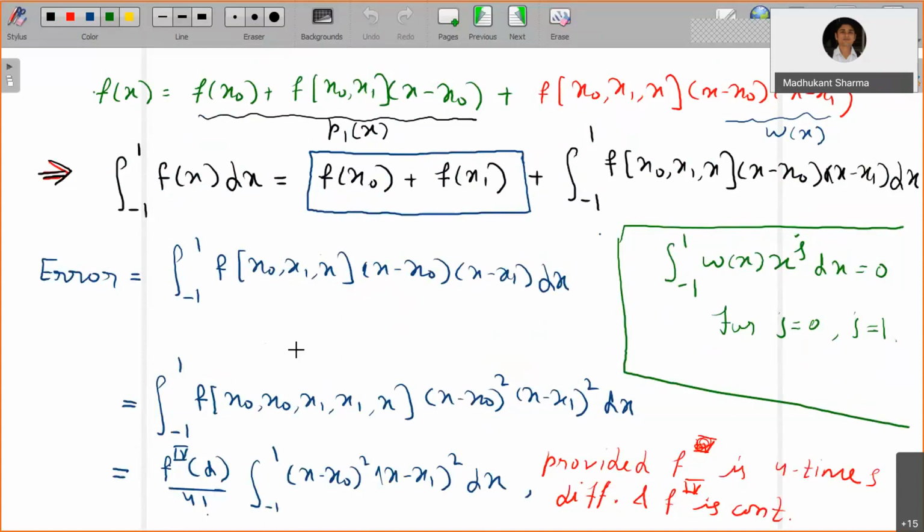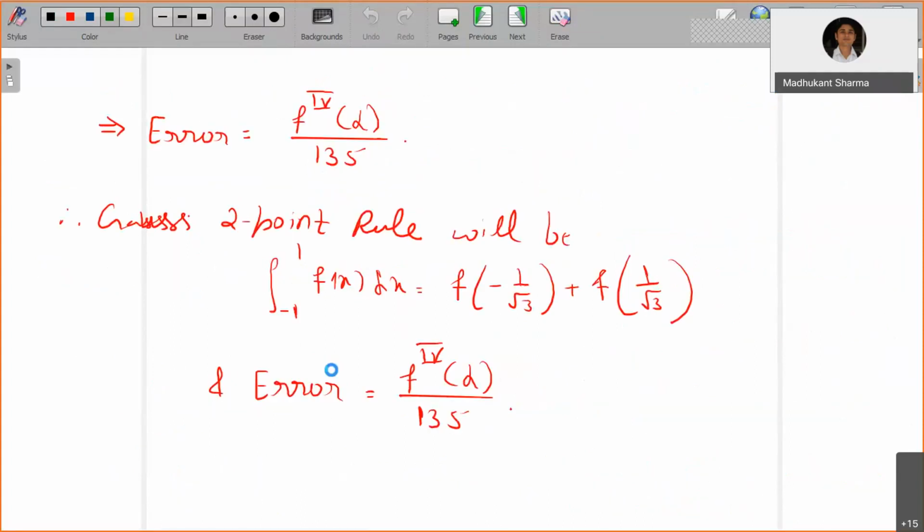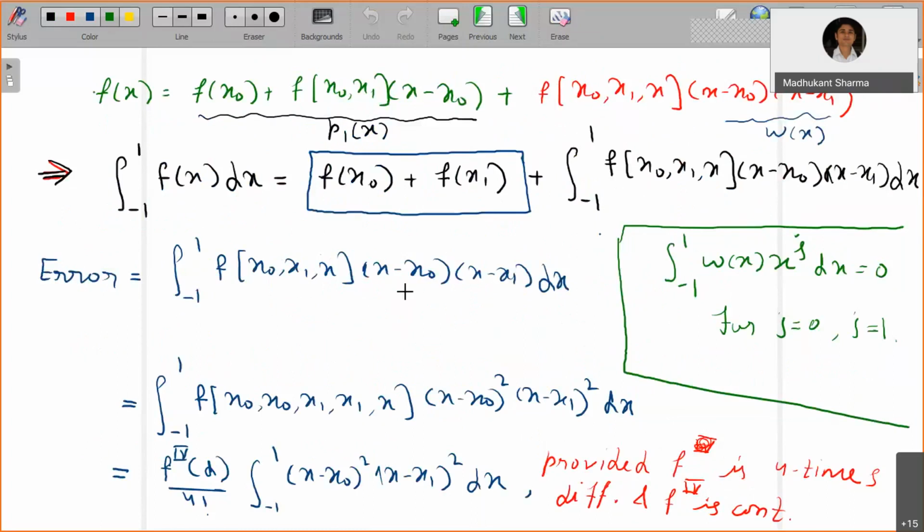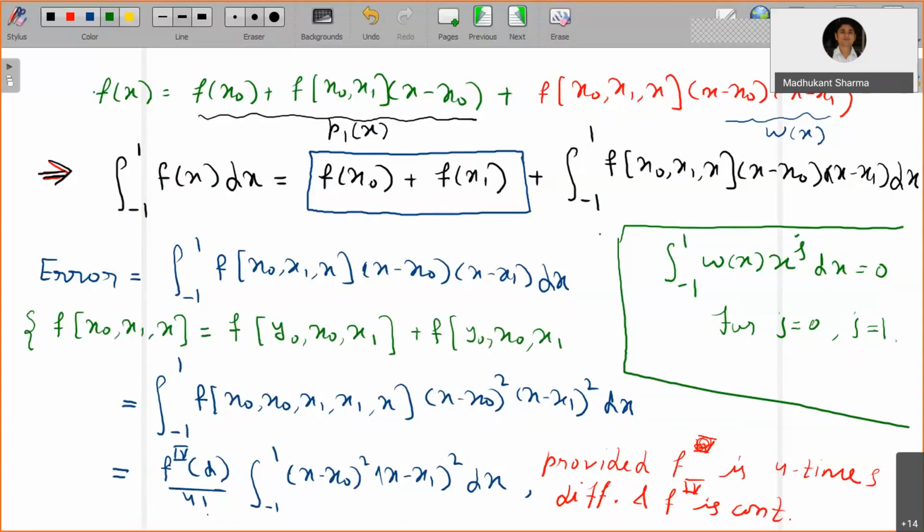Let me put a remark here: f of x naught, x1, x equals f of y naught, x naught, x1 plus f of y naught, x naught, x1, x times x minus y naught.